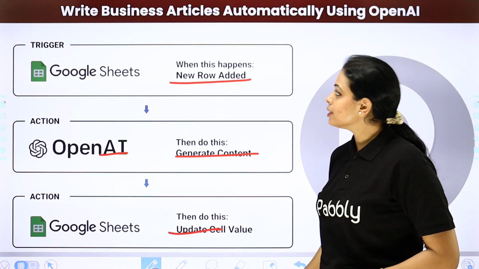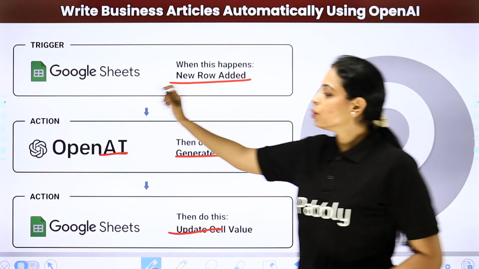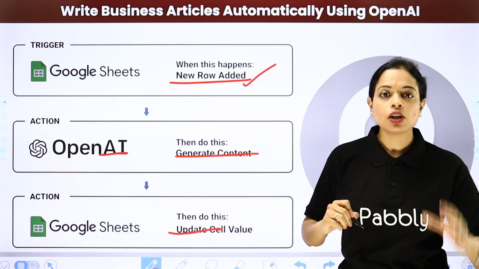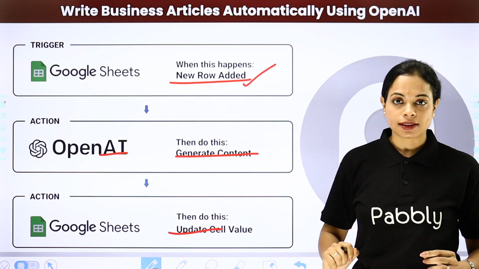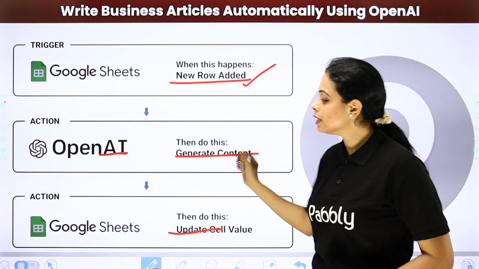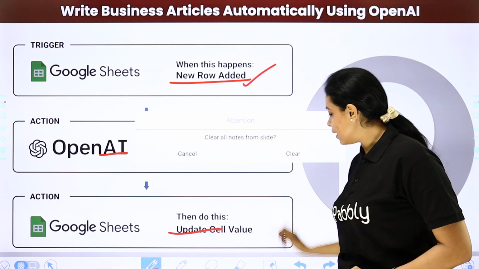The next one here is write business articles automatically using OpenAI. So in your Google Sheet or any other spreadsheet, you have got the title of the business article. And then with the help of OpenAI, you have generated the content. And then finally, in your Google Sheet, you have updated the cell value.